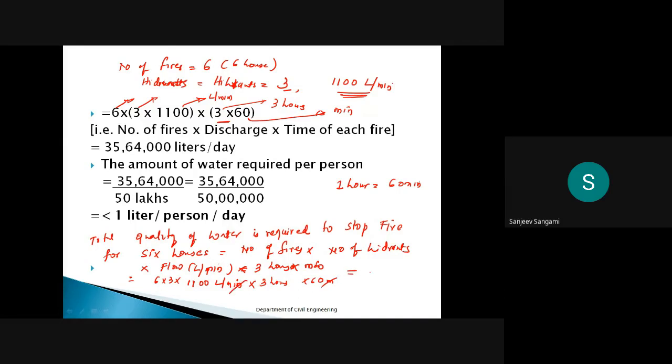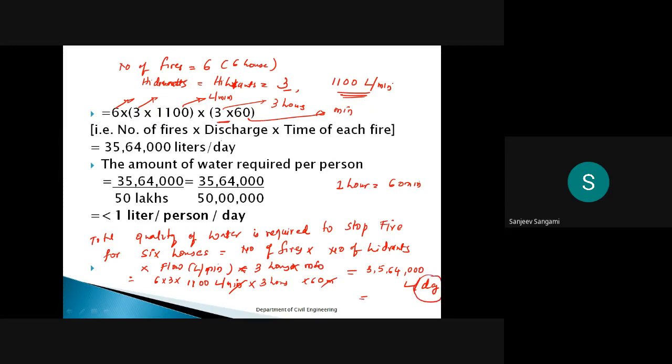If you multiply all these, you will get 356,400 liters. But this is happening per day. In one day it has happened, so I am writing it per day here.